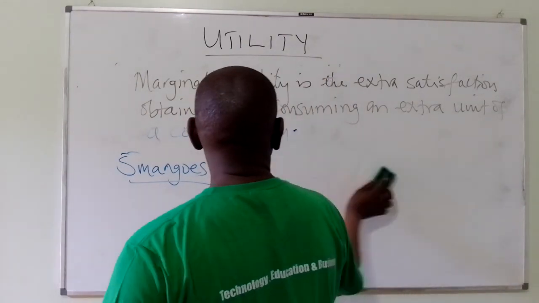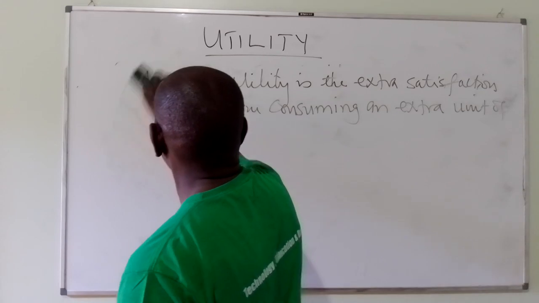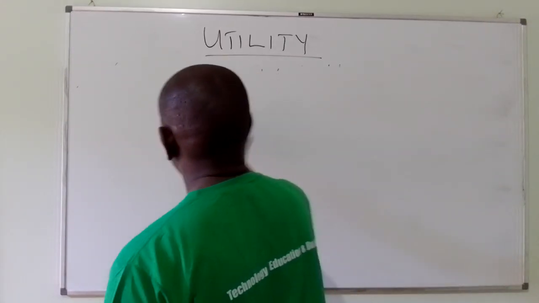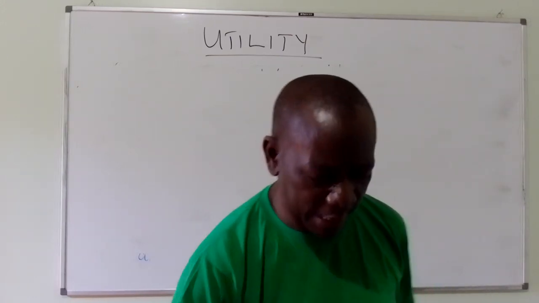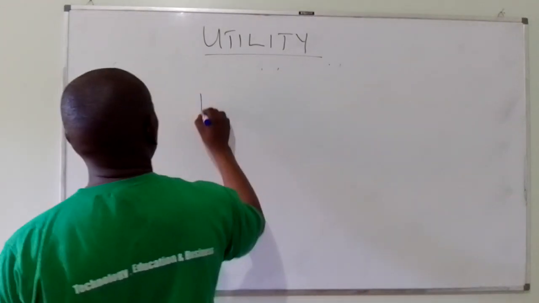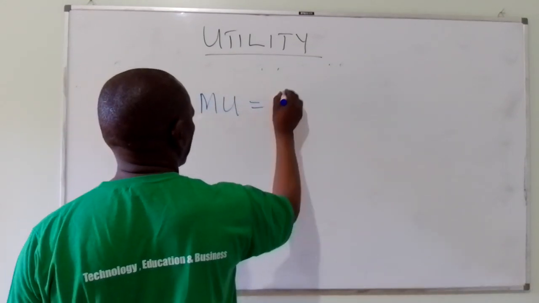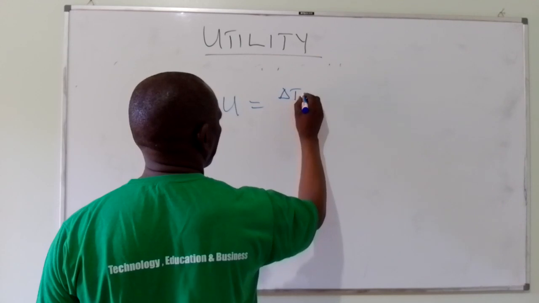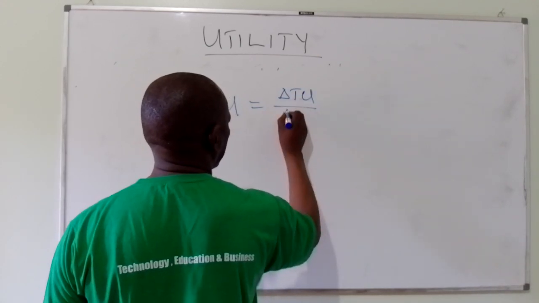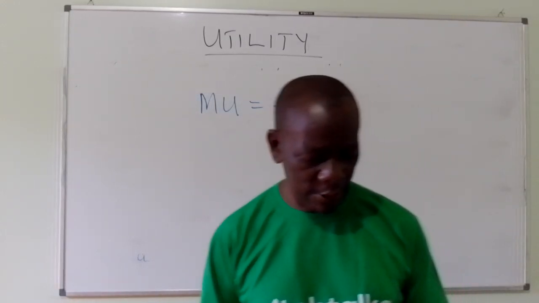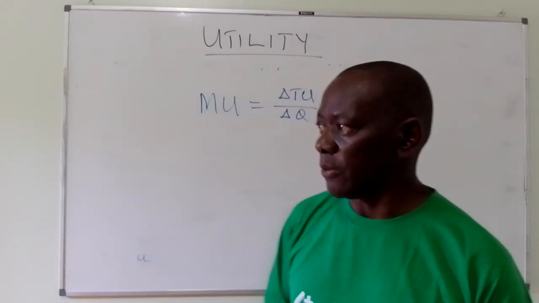Marginal utility has a formula, because one time you may be given a figure and you need to calculate. Marginal utility is equal to change in total utility over change in the quantity, or change in the output of the commodity.